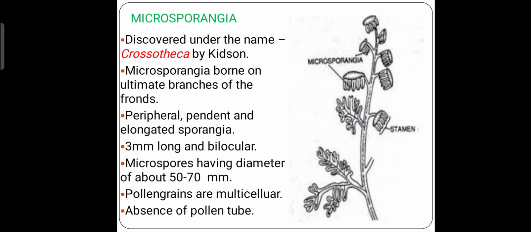Microspores are generally 50 to 70 micrometres in size, and the pollen grains are multicellular, and there is absence of pollen tube. Thank you.